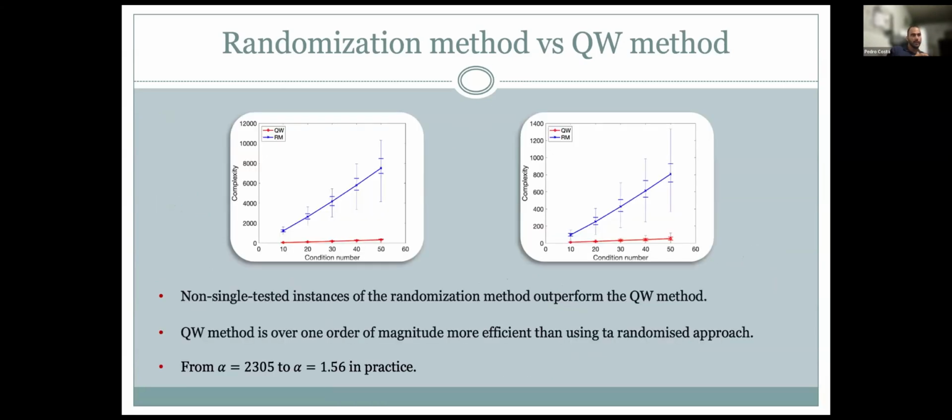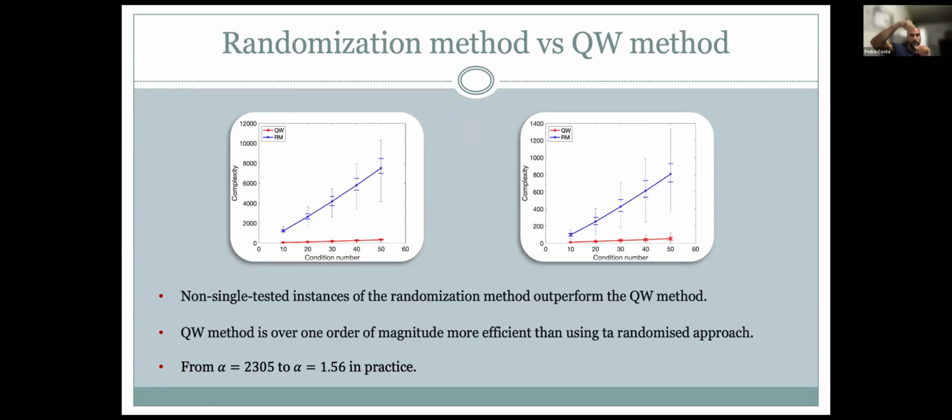Okay, so here are our results. I'm just going to show the case of the 16 by 16 matrix. No, sorry, the left side is the non-Hermitian case, the more complicated case, and on the right side you have the simplest case, the positive definite Hermitian case.